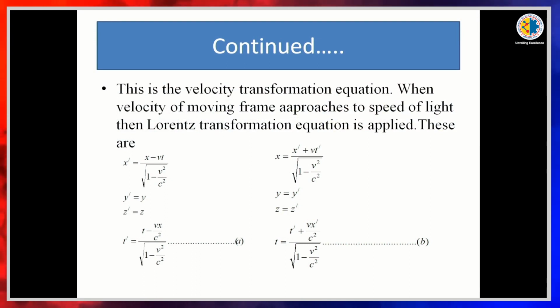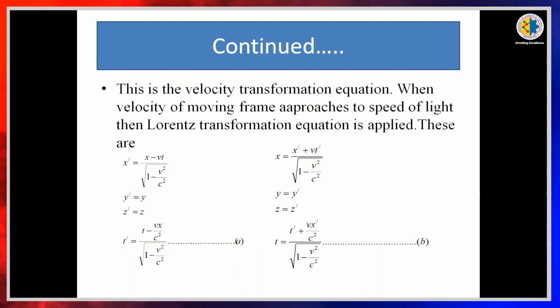When the velocity of the moving frame approaches the speed of light, then the Lorentz transformation equation is applied. So, these are x dash is equal to x minus vt divided by root over 1 minus v square by c square, y dash equal y, z dash equal z and t dash is equal to t minus vx by c square, whole divided by root over 1 minus v square by c square, given equation number small a.